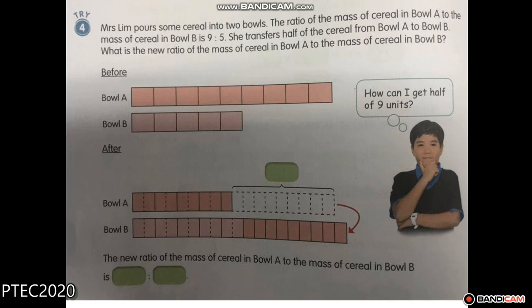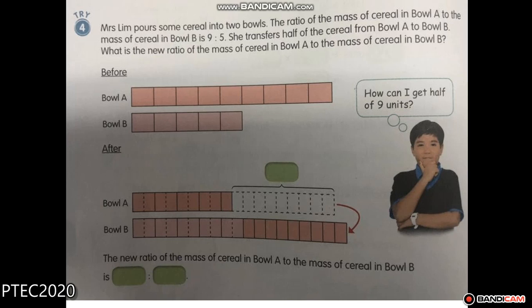Okay, so now let's read it again one by one. Mrs. Lim poured some cereal into two bowls. The ratio of the mass of cereal in bowl A to the mass of cereal in bowl B is 9 to 5.